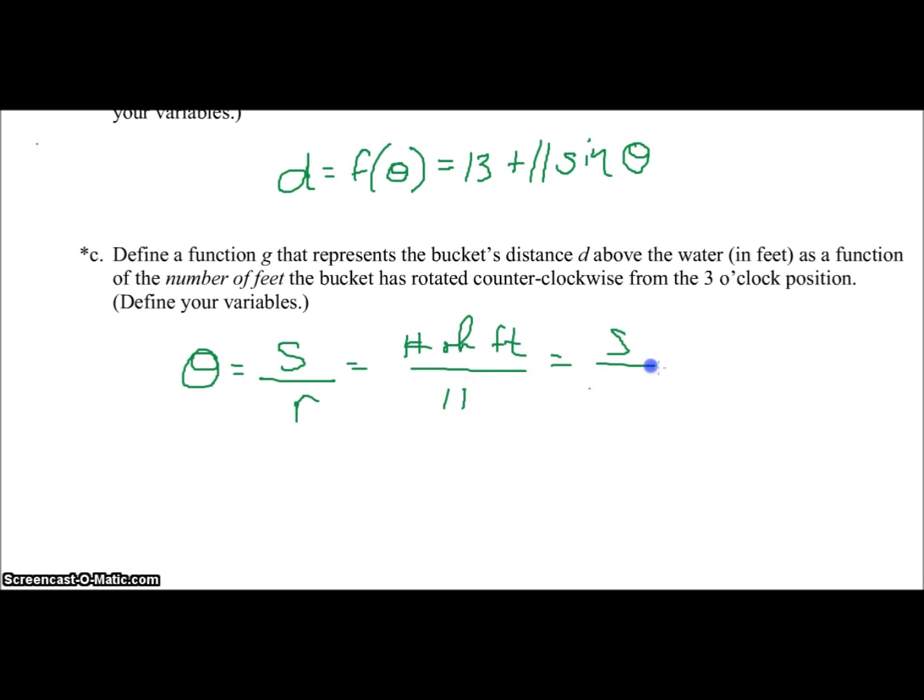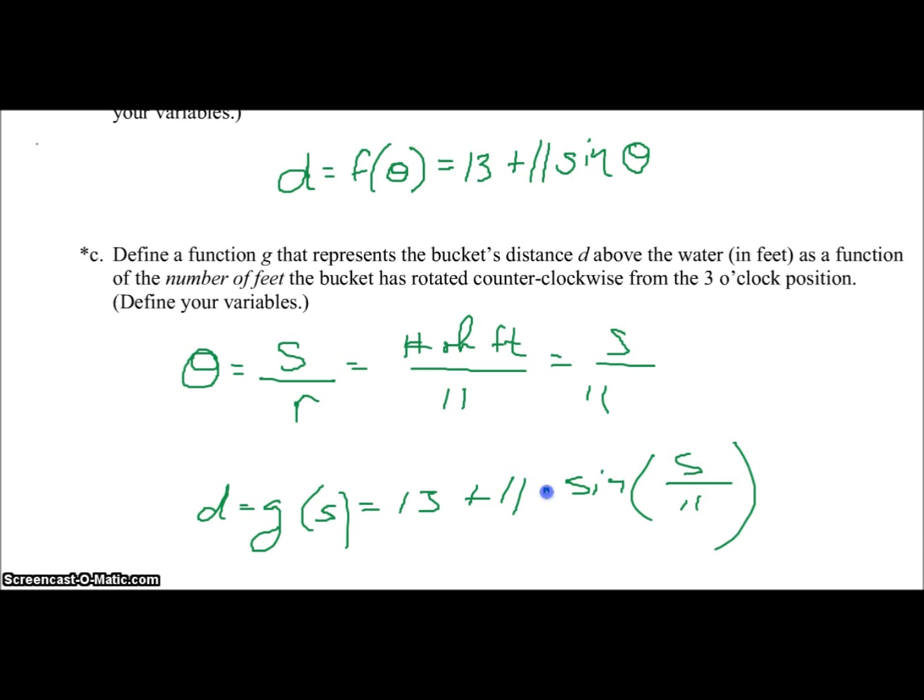So s over 11. We can say that our function is g of s, which is 13 plus 11 sine of s over 11, and this is multiplied here.